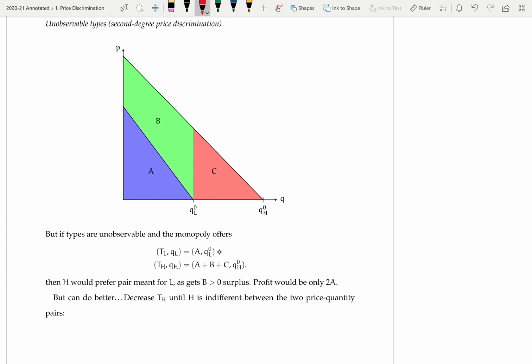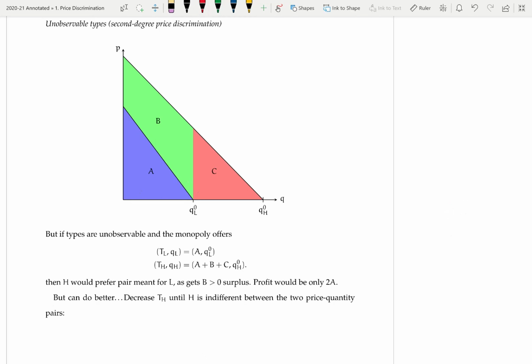Can they get a higher consumer surplus from buying this option? Well, no, because the price here is higher and consumer L is not willing to pay anything for these units. So they would get a negative surplus from buying this option. The price, which is the area under this demand curve, is more than what they're willing to pay, which is just A.